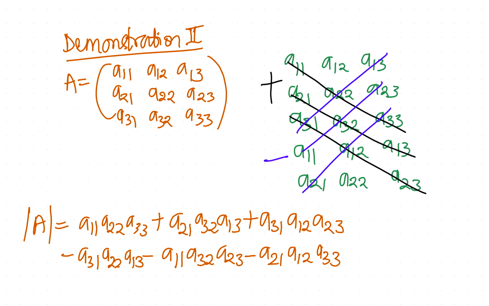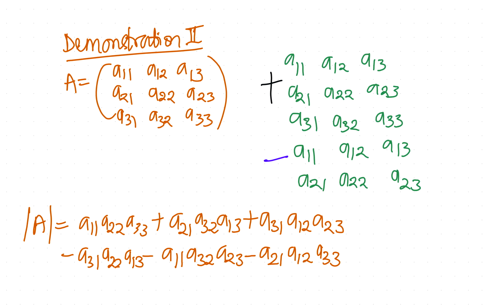So for the demonstration, you already understood from the other one that what you did was to multiply A11, A22, A33, and then A12, A23, A31, then plus A13, A21, A32.